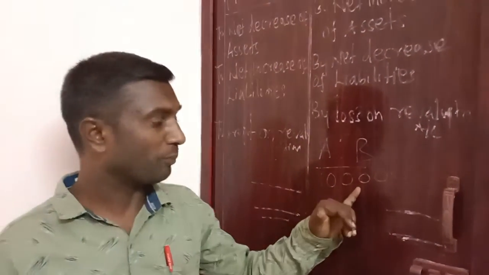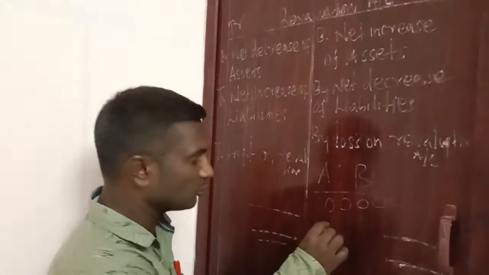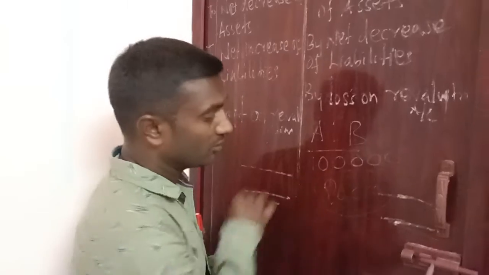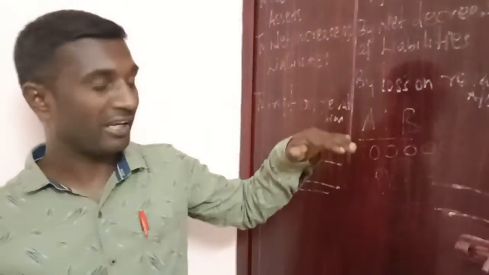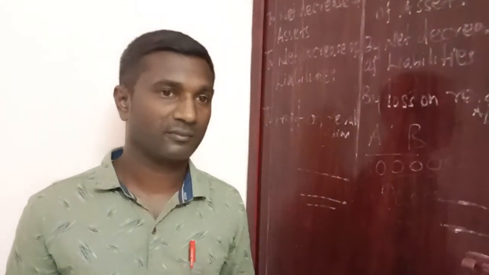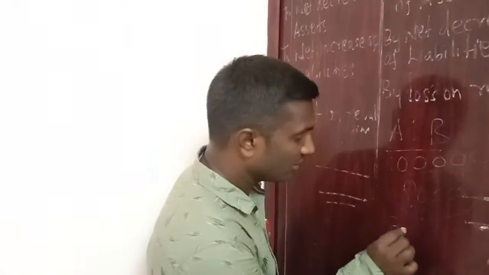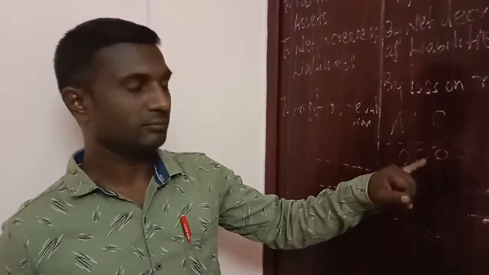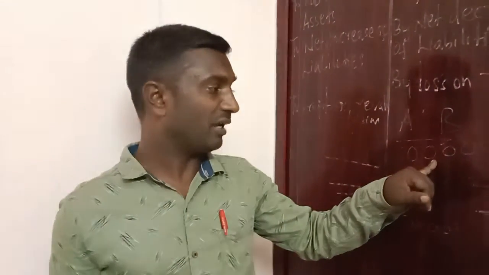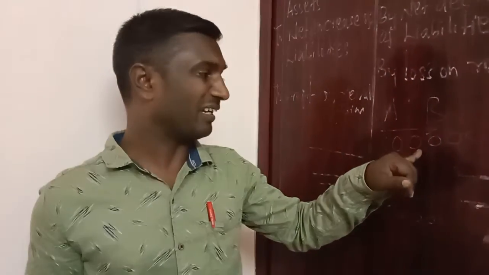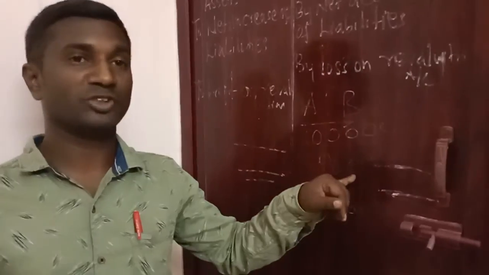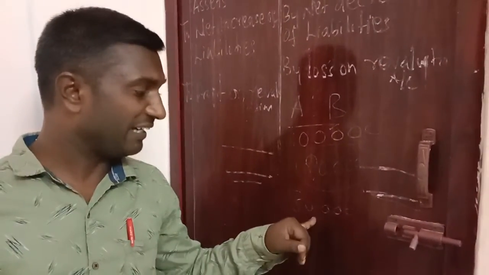Book value 1 lakh rupees. The current value is 20,000. How much value decreased? 80,000 decreased, the difference. At the purchase time 1 lakh, after 5 years 20,000 only, decreased 80,000.